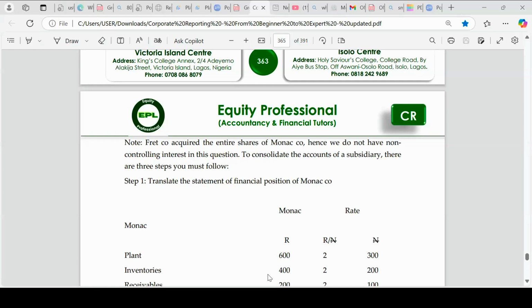And then we know that the further earnings going forward will be a balancing figure, because there's going to be an exchange difference that will either be a gain or a loss, and that will also impact your retained earnings. But when we get there, you will understand it better. What I just want you to know for now, straight to the point, is the subsidiary's SOFP will translate at closing rates.